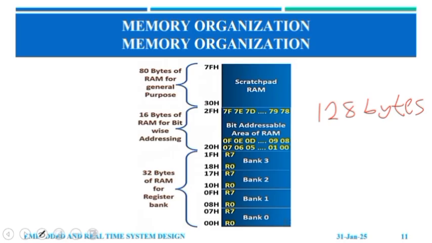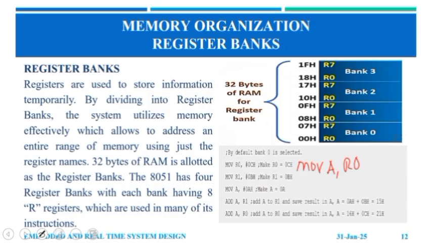We'll have 32 bytes of register banks, 16 bytes of bit addressable memory, and 80 bytes of general purpose memory. If you add all of this together, we should have a total of 128 bytes. So let's move on to discussing them individually.